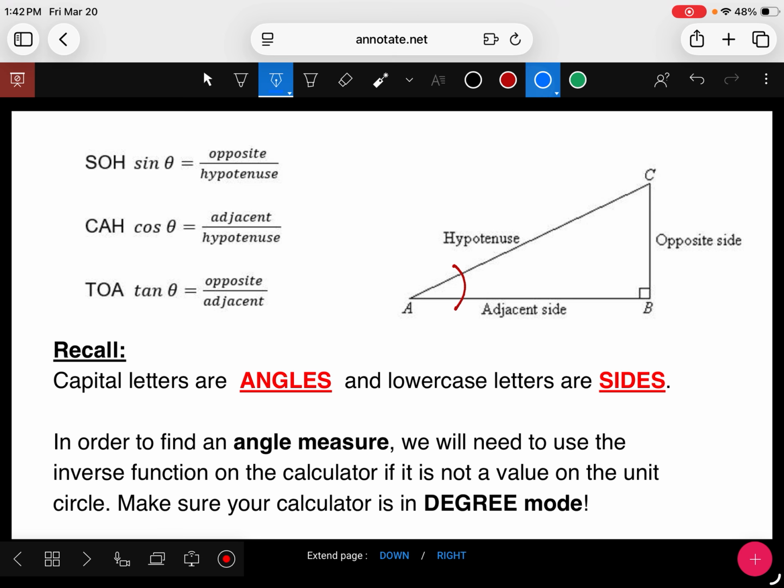So that means that this side is little b. Opposite of angle C is little c. So the adjacent side would be little c. Opposite capital A is little a. That's important, because we will solve triangles. And what that means is when you solve a triangle, we're going to fill in anything we don't know. Okay?